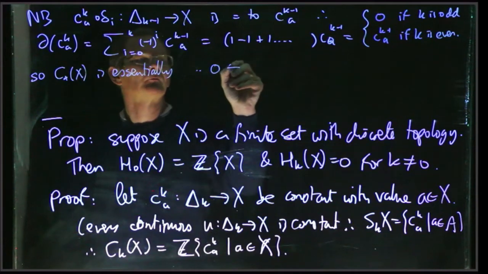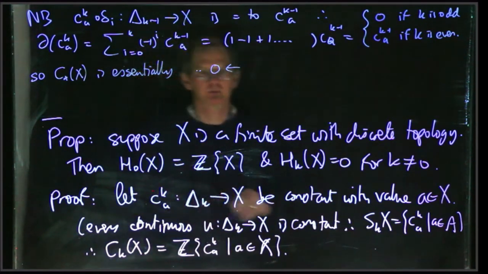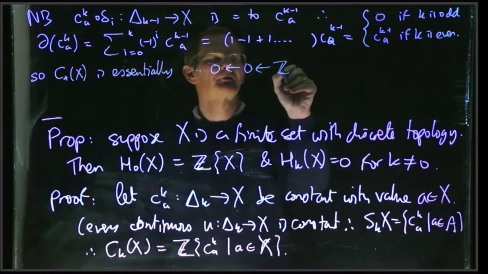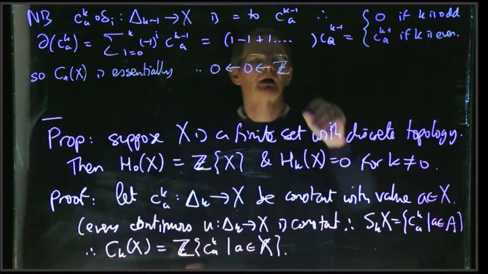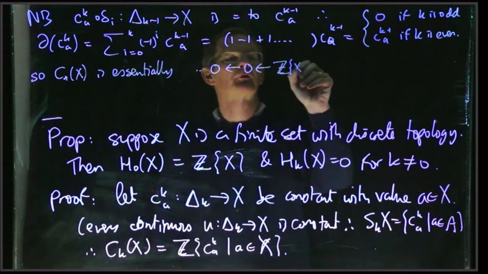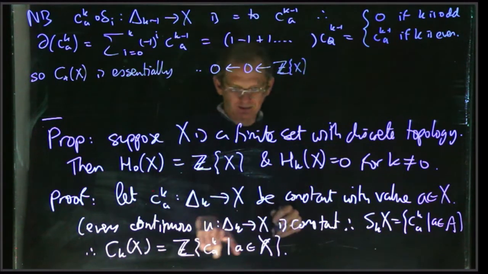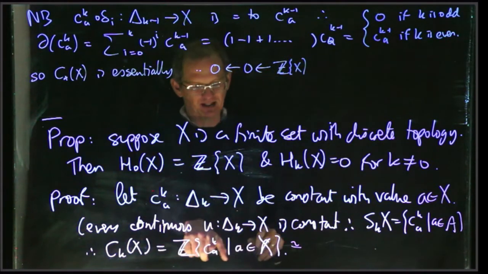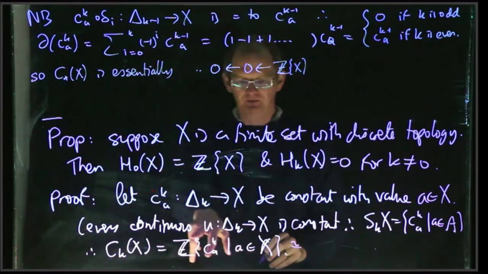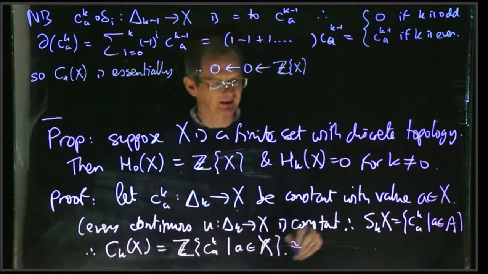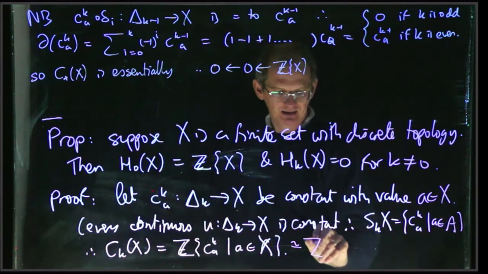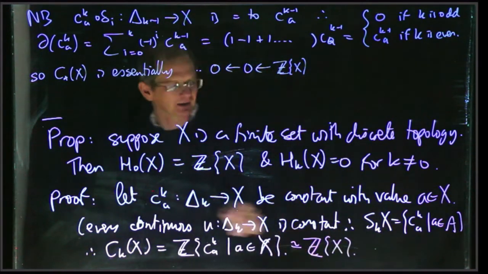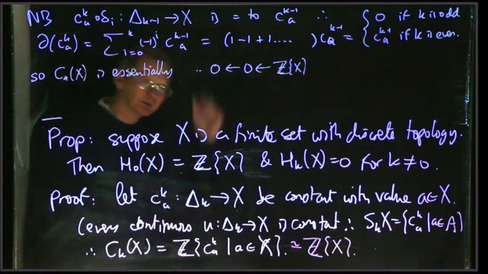Okay, so if we look at all these chain groups, then in degree zero, the zeroth chain group, you've got a free abelian group on X. So when I said it's the free abelian group generated by these c_k^a, because these constant maps biject with the elements of X, we can just identify this with the free abelian group on X, identifying a point with the corresponding constant map.